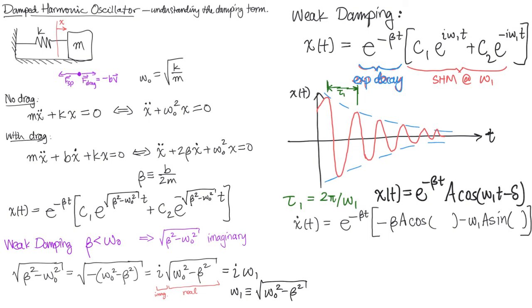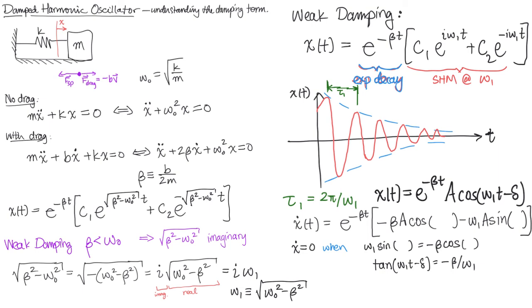And we need x dot to be 0. That happens when the argument inside equates to 0. Now that happens when the tangent of the argument omega 1t minus delta is equal to minus beta over omega 1. Now the tangent function is periodic with a period of pi.